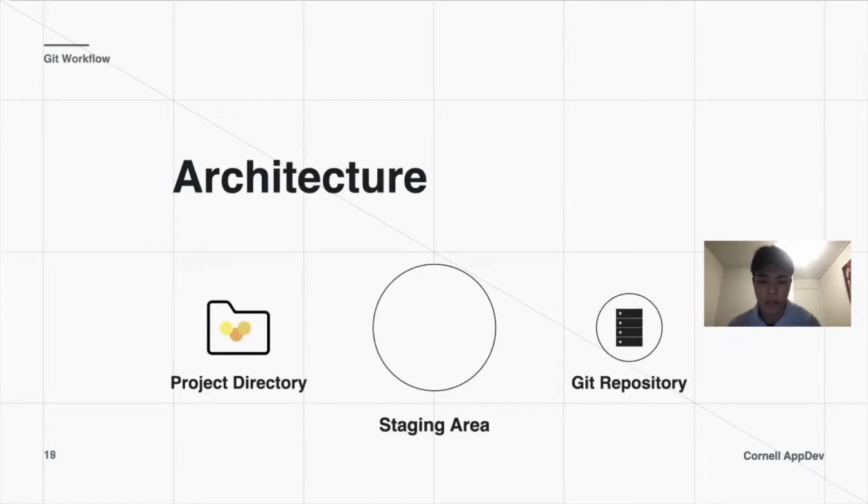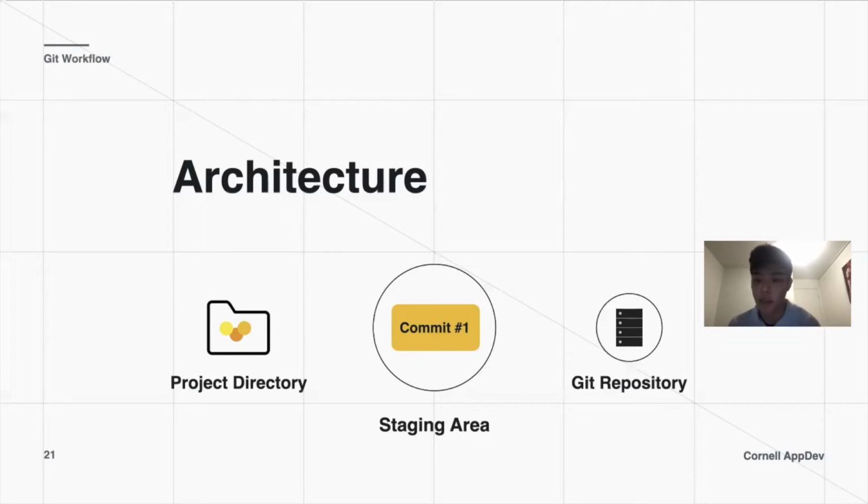So let's say we make some file changes in our project directory. After we make these changes, we then have to add them to this thing called the staging area. The staging area is, again, where you check if these changes are, in fact, the changes you'd like to make. If you're sure, then you turn it into what's called a commit. A commit is basically just a bundle of changes clumped into one entity.